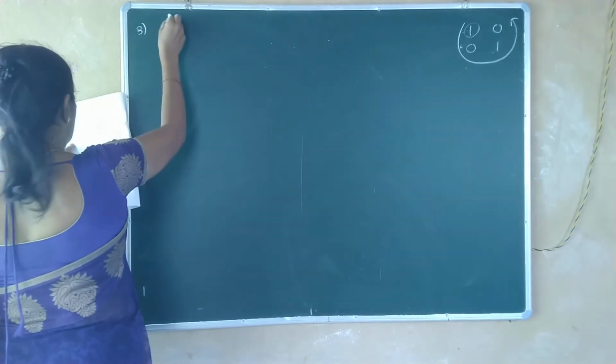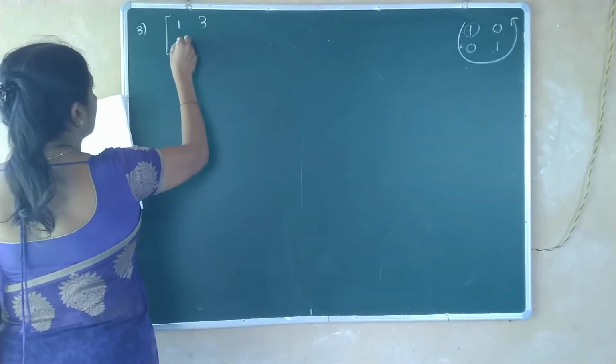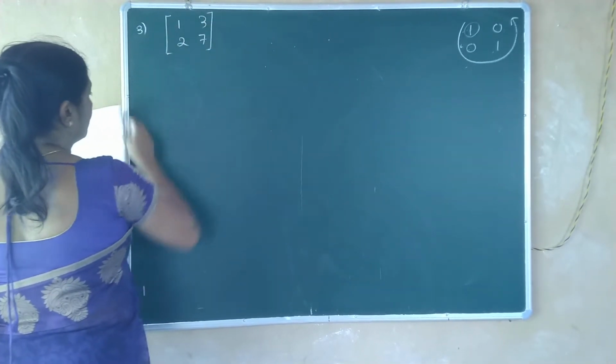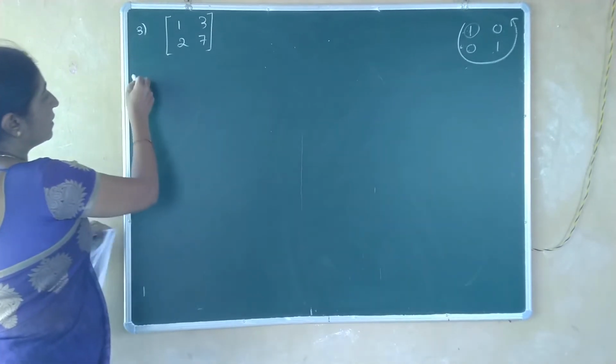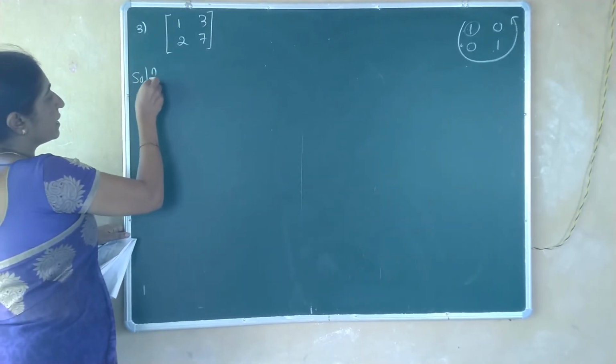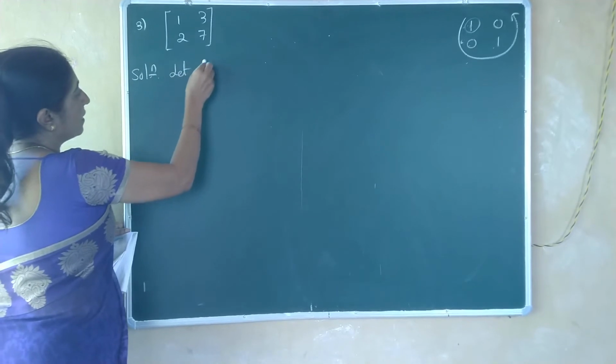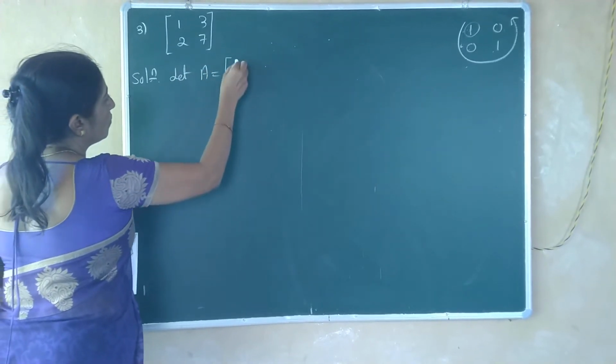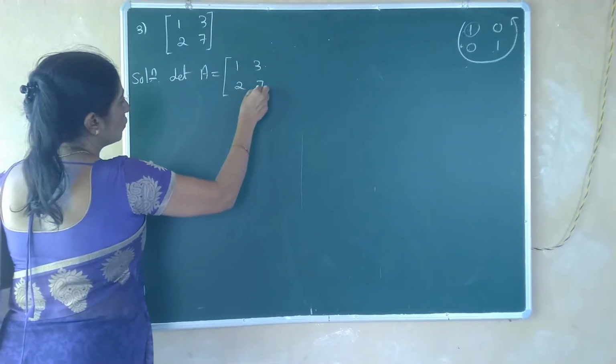Third one, 1 3 2 7. In the solution, let us take this as A. Let A is equal to 1 3 2 7.